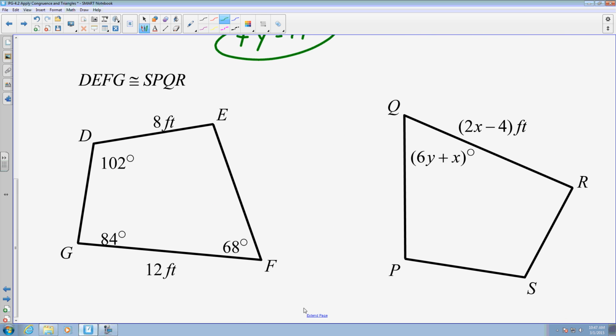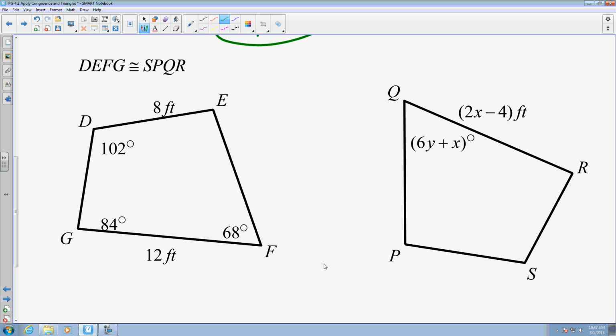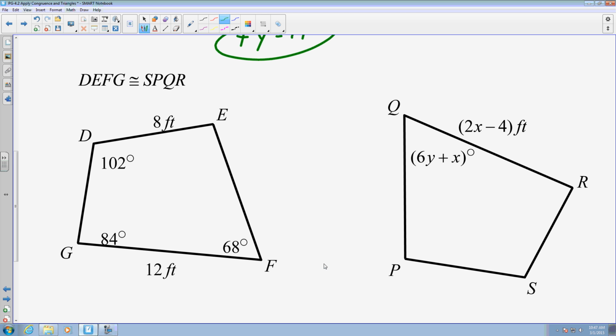Looking at the second example, let me get some room. Again, we have unknowns of x and y, but we have a statement. The statement says that DEFG is congruent to SPQR. It's a four-sided figure, a quadrilateral of some kind.